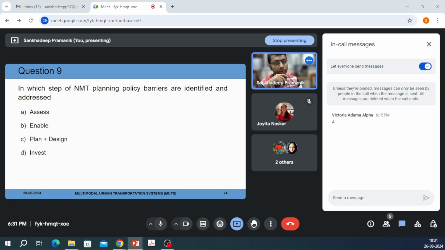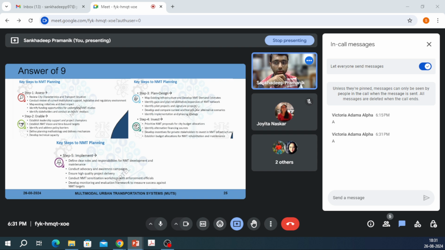In which step of NMT planning policy barriers are identified and addressed? So in the second step, which is enable, here we identify and address the policy barriers.